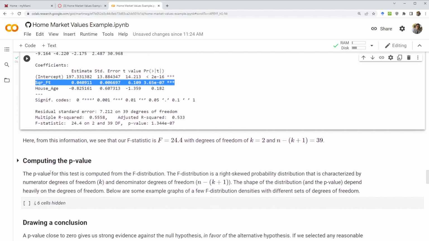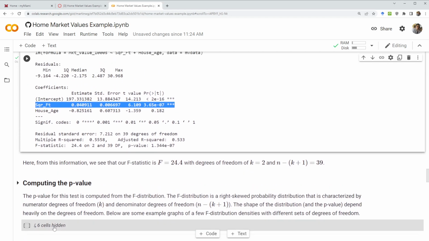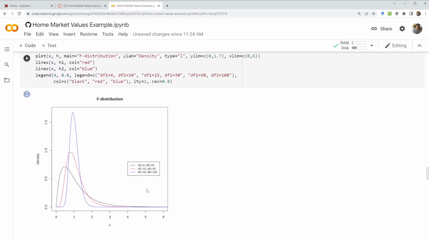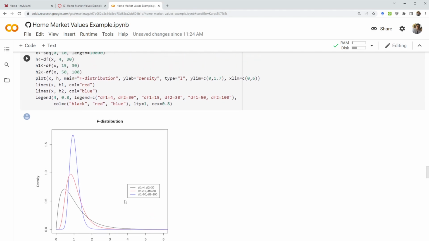That p-value is obtained from the F distribution. The F distribution is a right-skewed distribution that has 2 degrees of freedom, the numerator and the denominator. In the numerator, you use k, the number of predictors, and in the denominator, the error degrees of freedom. This is done automatically, so you don't have to do this on your computers. But just to show you, the distribution looks like this, and it's right skewed.